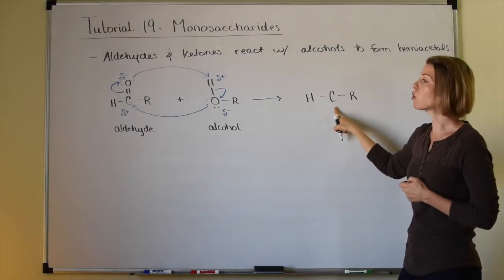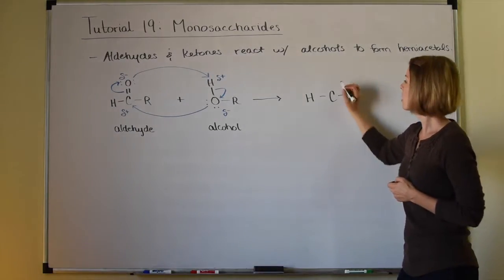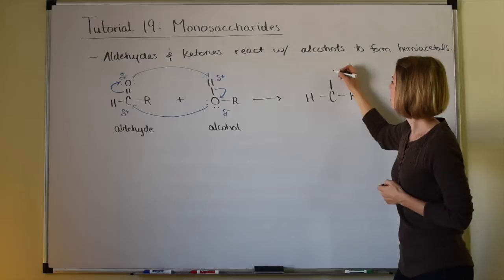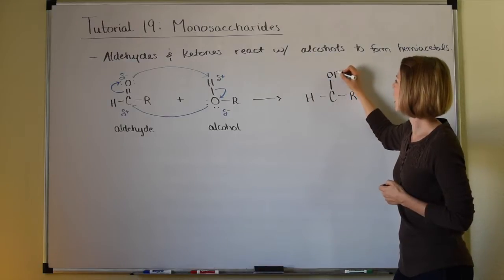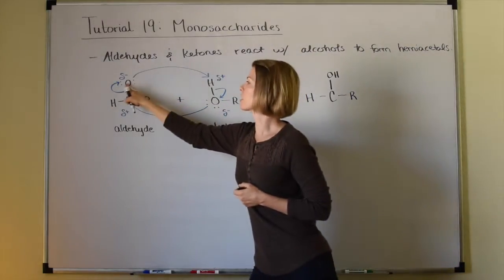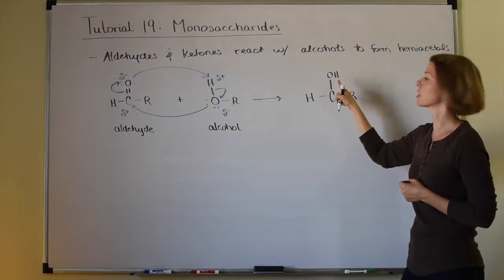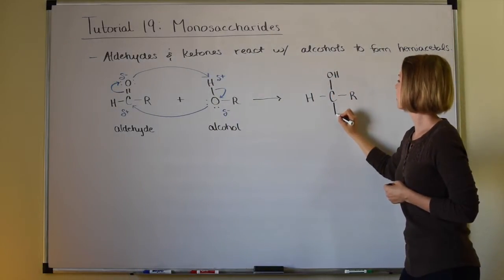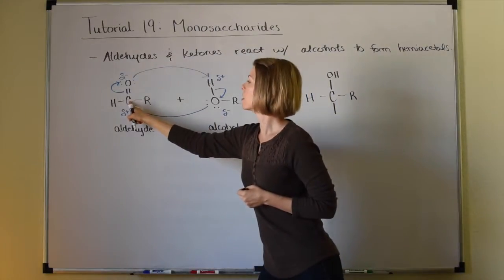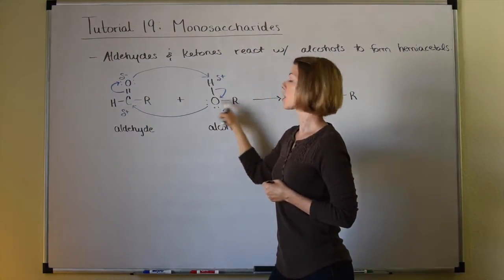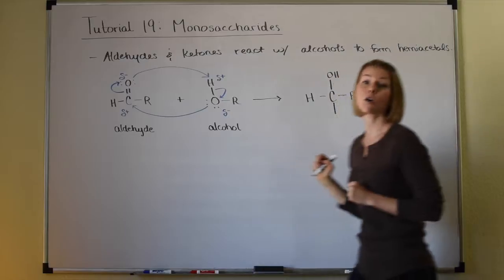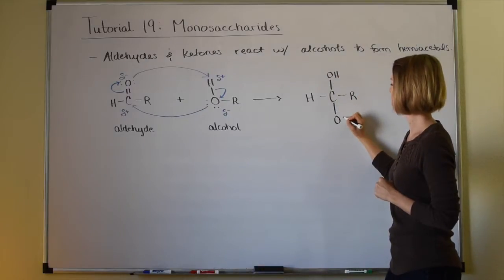Now that carbon is no longer a carbonyl. There is a single bond here to an OH, this oxygen and the hydrogen that it picked up in the reaction. There's a new bond to the OR that was part of the alcohol. Okay, so OR.